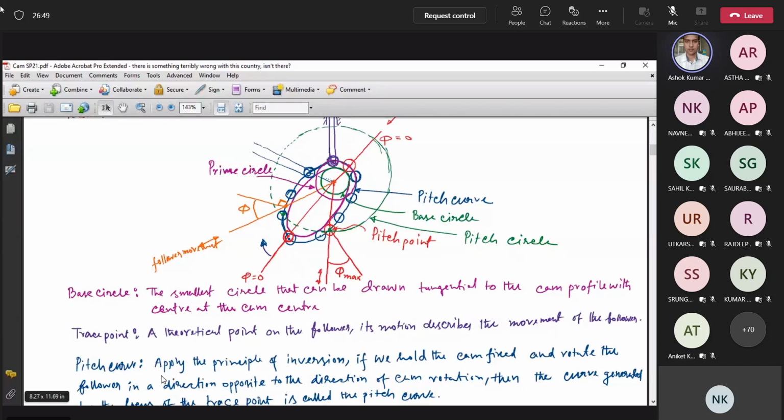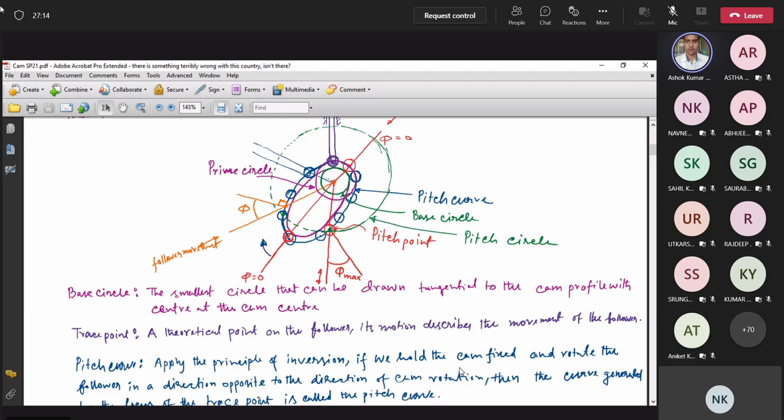The fixed link is rotated, but all other links are not. So in inversion motion, you can fix one of the links and the other links are rotated. That is called inversion motion, and we apply inversion motion here.